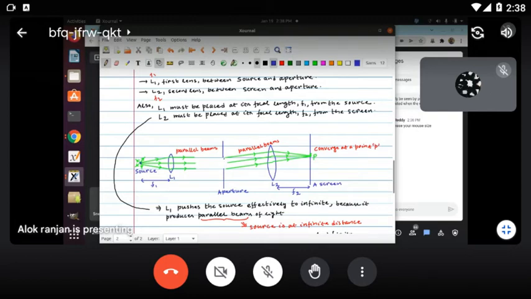When we talk about the single slit experiment, I'll explain why the light bends. As I said, the Huygens principle we'll discuss in the next class. What the Huygens principle says is that if you have a wave front, the wave front comprises a large number of point sources.